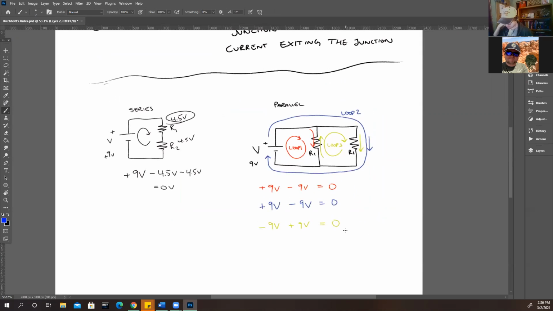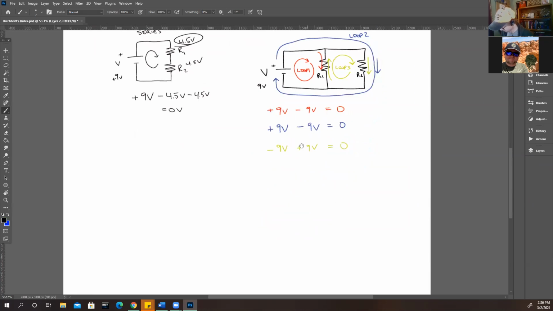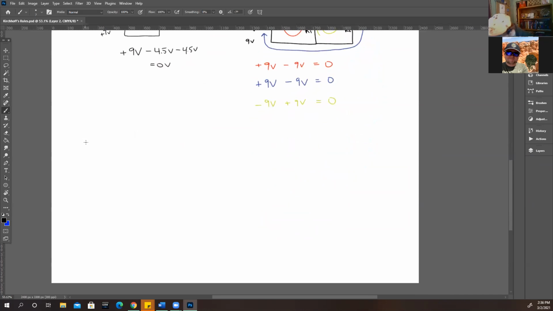But on a test where you have to remain consistent, you need to remember all of this. This is the voltage rule. Let me do the current rule real quick.